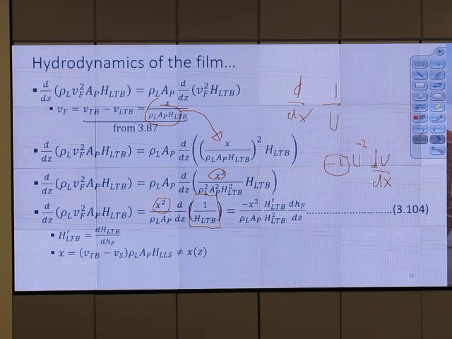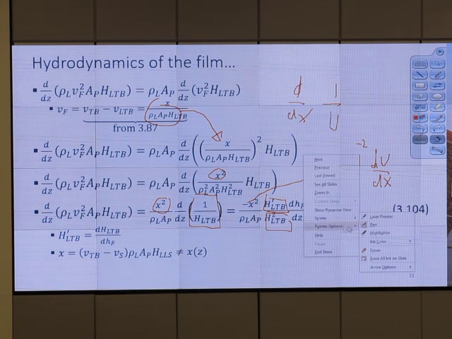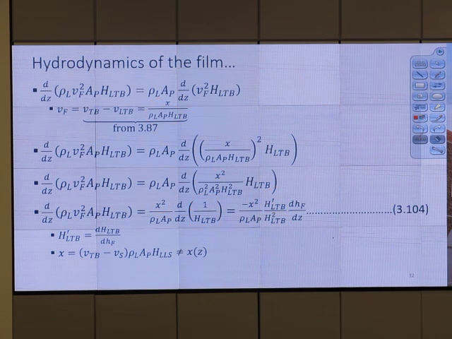Minus 1 is over there, u to the minus 2 is that thing, and du dx is H_RTB prime. Just that, right? Maybe. Oh, did I do it right? Okay, a little bit more steps over here.